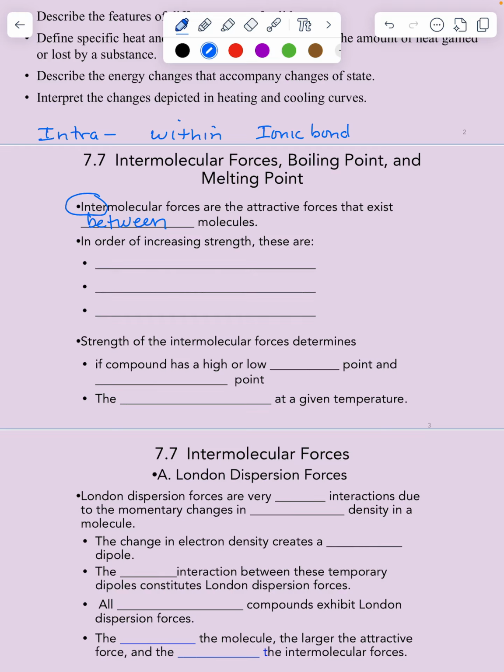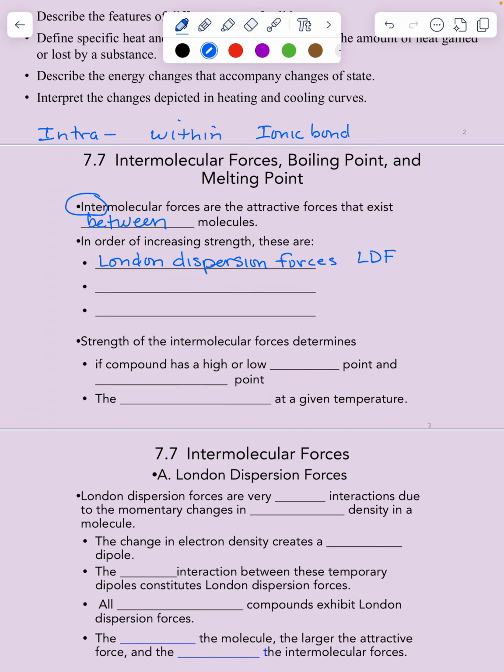And so here we have a list of the intermolecular attractions that we're going to be discussing, and they're in order of increasing strength. So the strongest will be at the bottom. The first one is called London dispersion forces. And this is often abbreviated LDF, London dispersion forces.